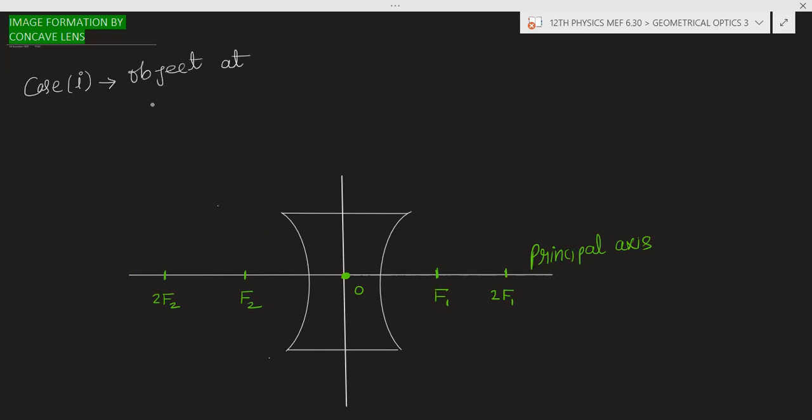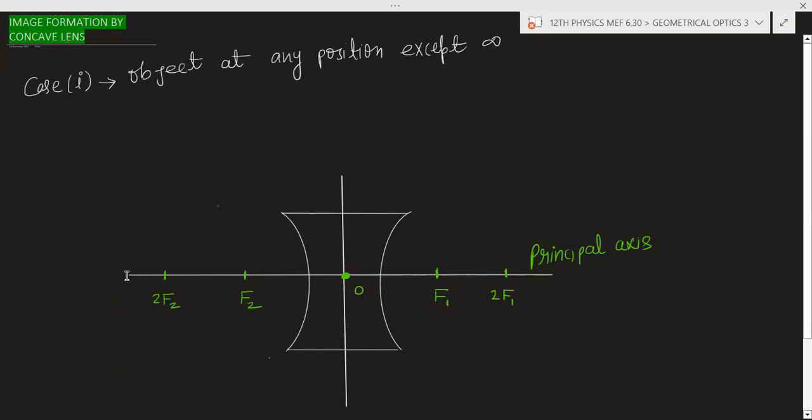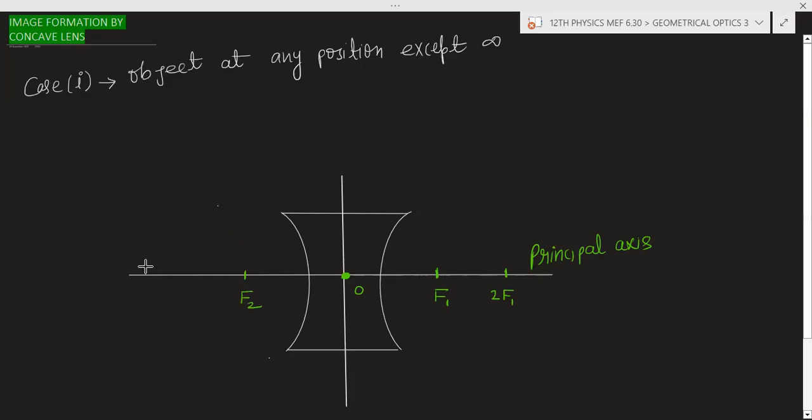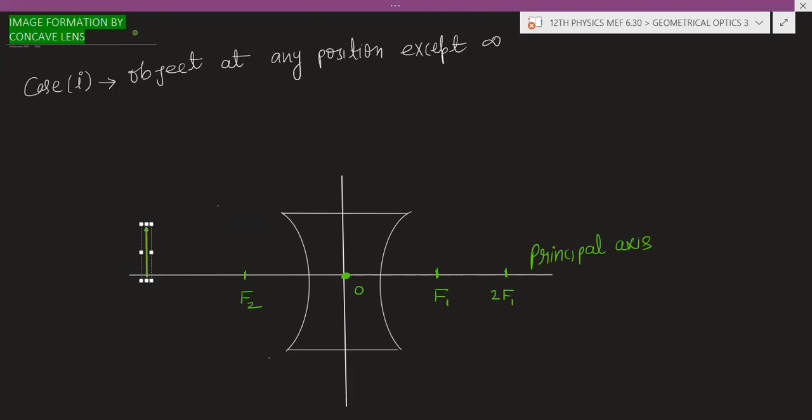So you can place the object anywhere. I am placing the object here. This is the object. And for the image formation, what will I do?